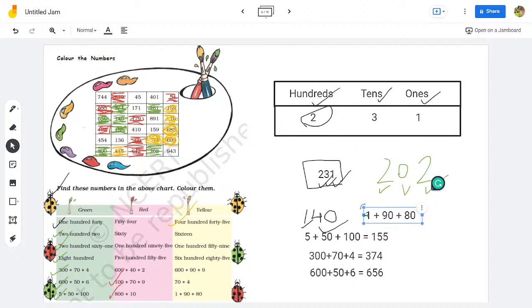Now we have to think of how to make a number which we will be making using these three numbers. So we have to simply add them.